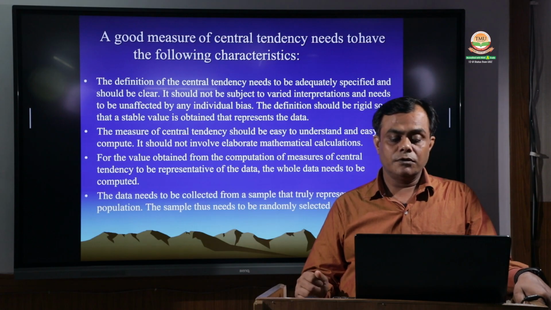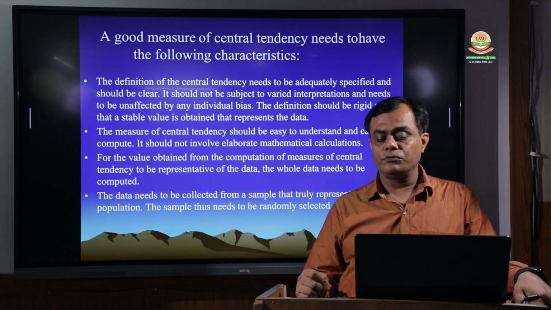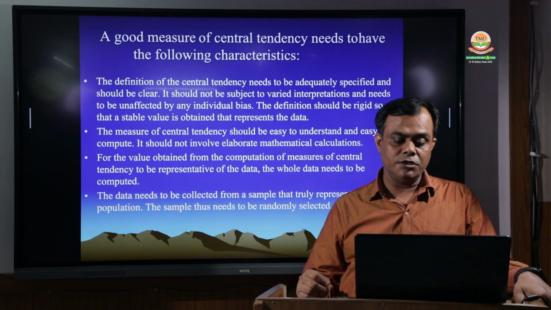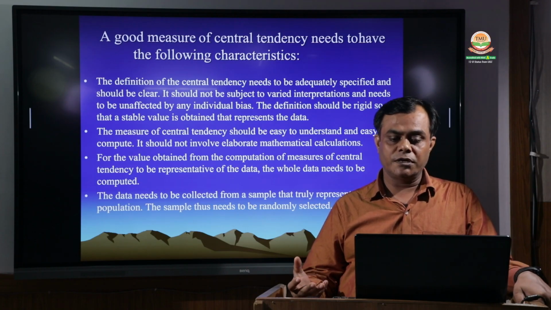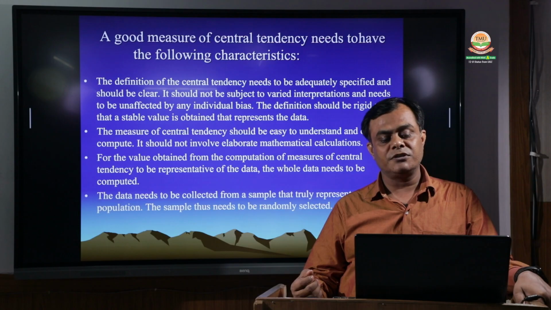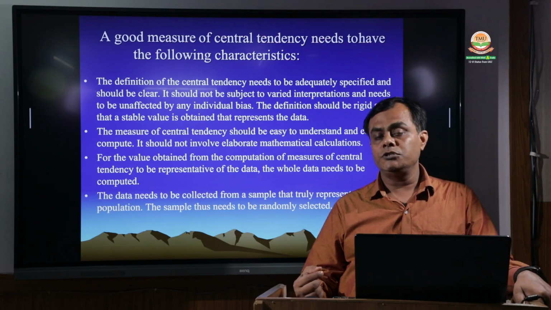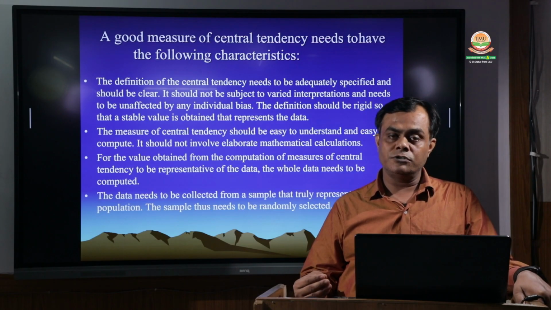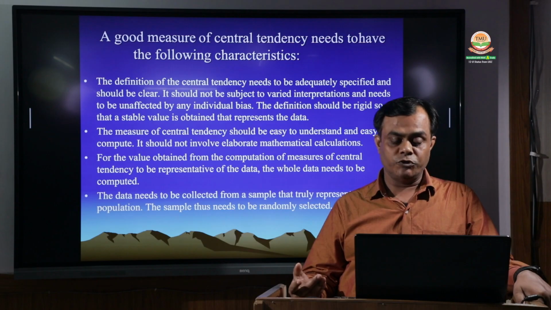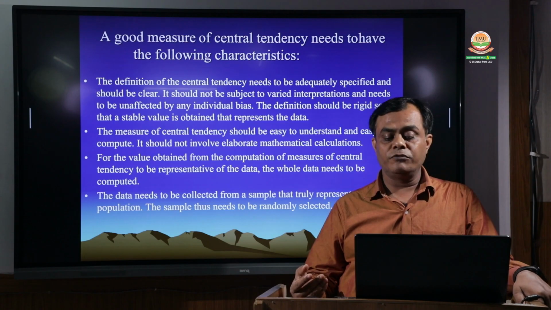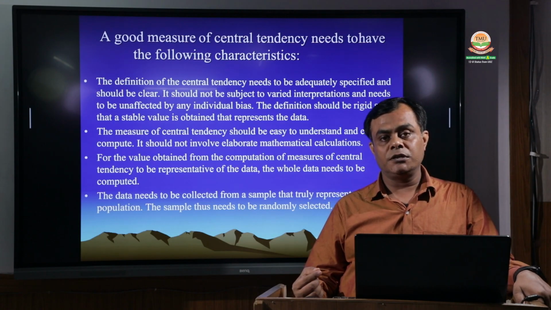Second, the measurement of central tendency should be easy to understand and easy to compute. So the second important characteristic of measurement of central tendency is that it is easy to understand and also easy to calculate or compute. It should not involve elaborate mathematical calculation.